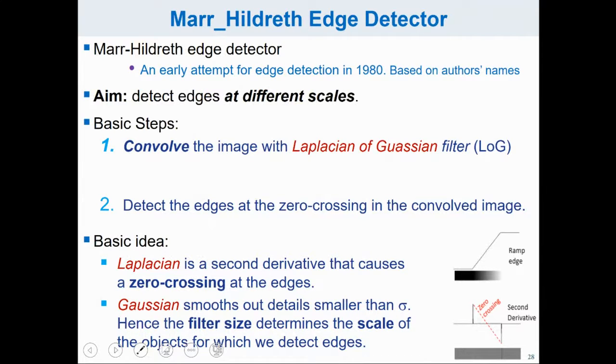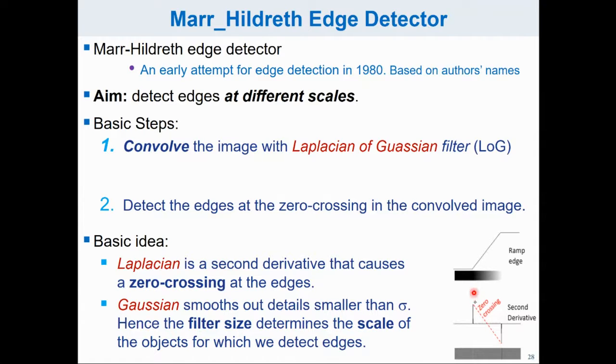Okay, so what are the basic steps in the Marr-Hildreth edge detector? We convolve the image with a Laplacian of Gaussian filter, and then detect the edges by detecting the zero crossings of the Laplacian of Gaussian. So if I have, for example, a ramp edge, I apply the Laplacian of Gaussian, which is a second order image derivative, and that will give me these two responses here.